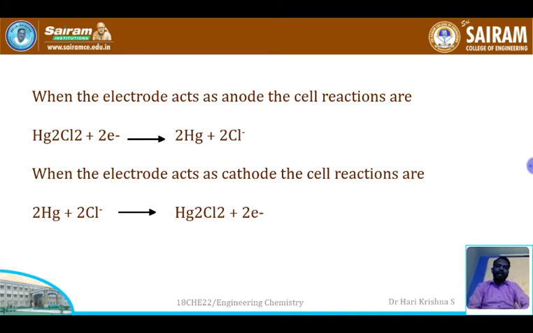If the electrode acts as anode, then mercury undergoes oxidation to give mercurous chloride and 2 electrons. The reaction is reversed here.